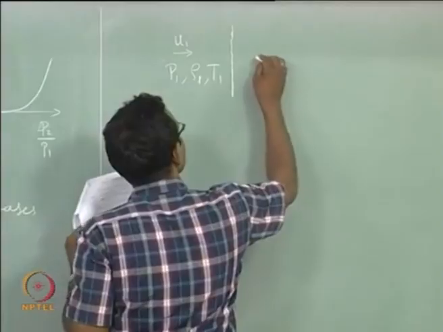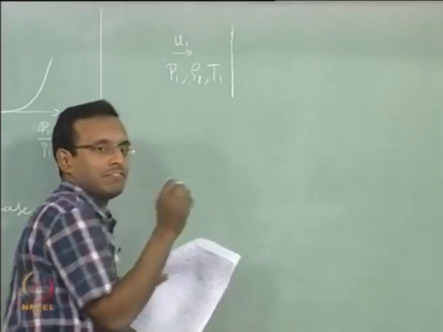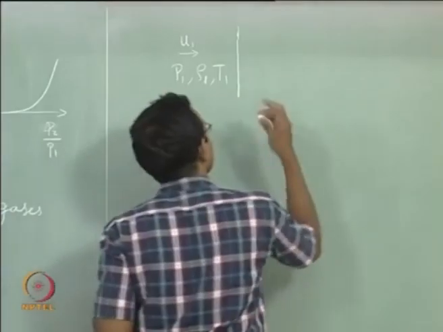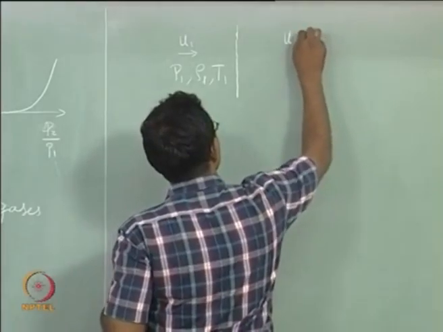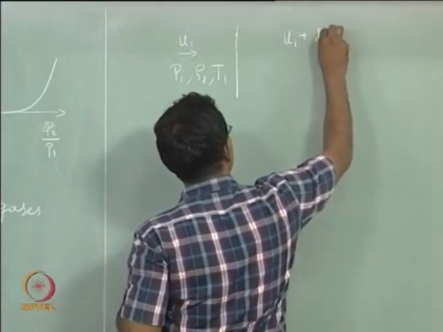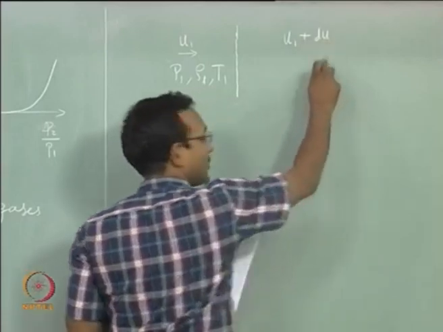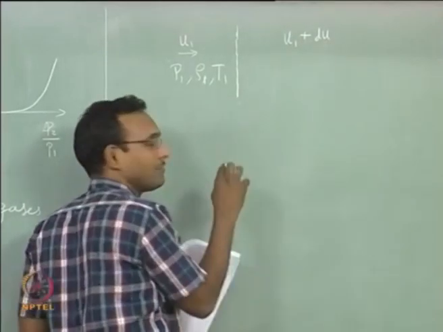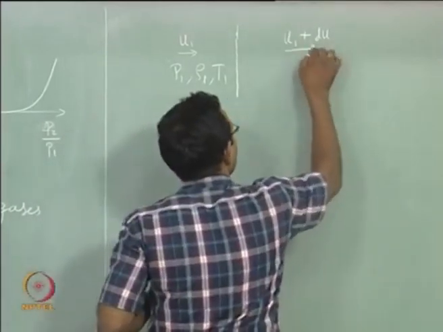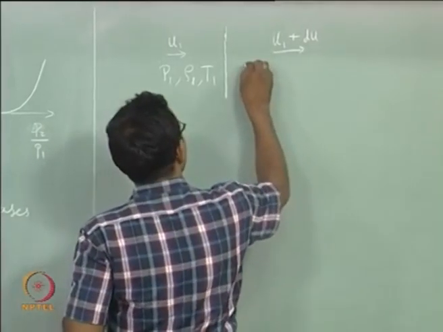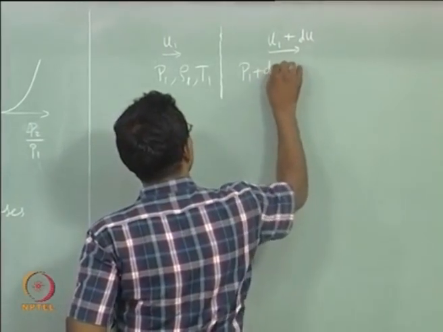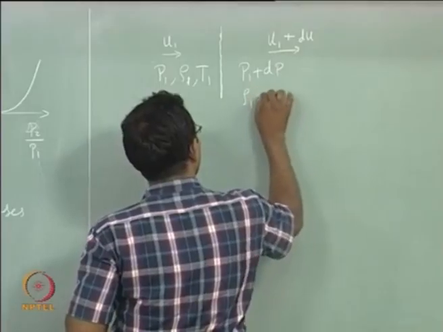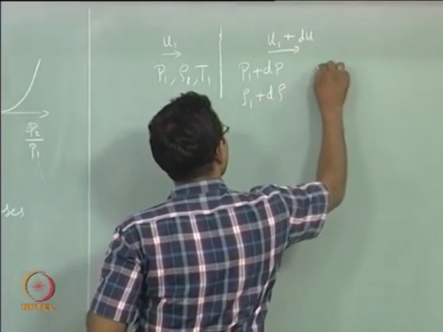On the other side, I am going to say, since it is a very thin wave, there will be a small change. Let us just put arbitrarily u1 plus du. If du is positive, then velocity increased. If du is negative, velocity decreased. We will just keep it as some variable. Okay. And then this will be P1 plus dp, rho 1 plus d rho, and T1 plus dt.